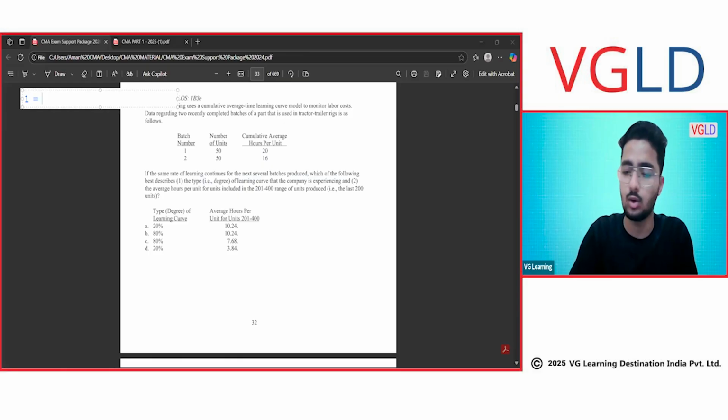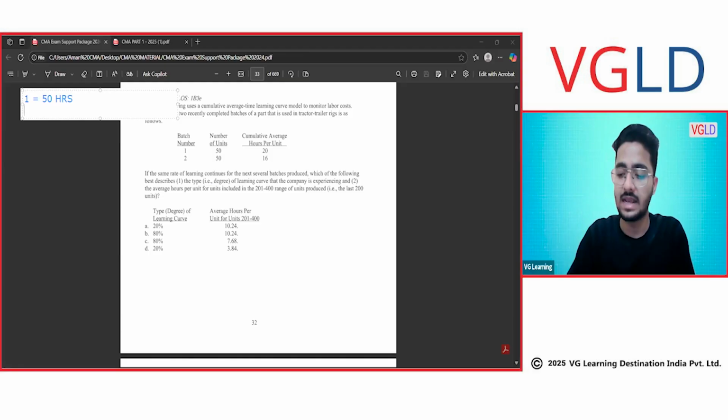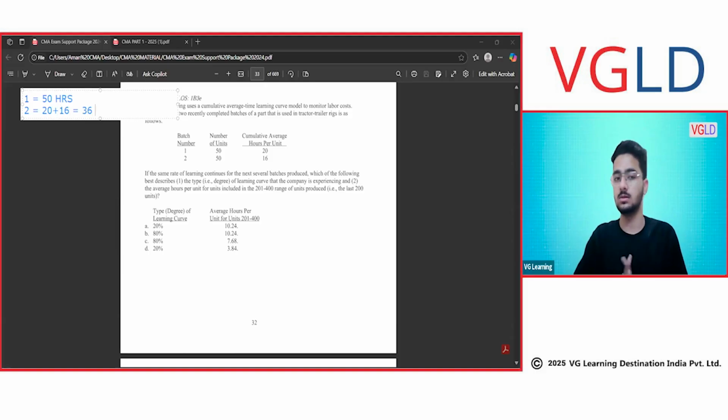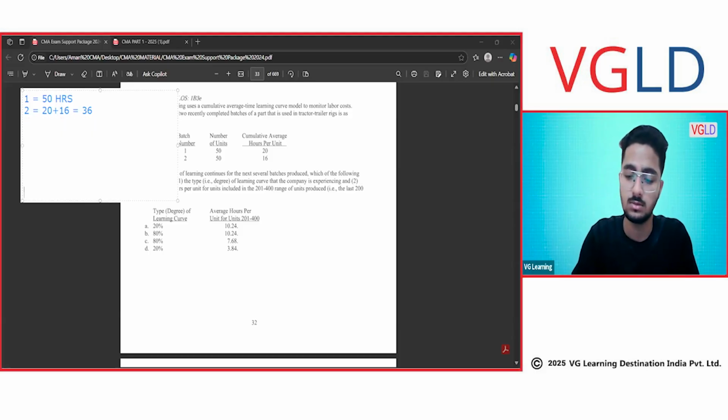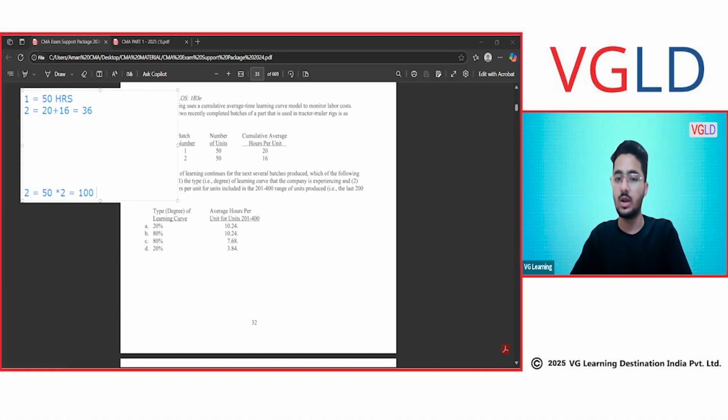First unit, I took 50 hours. Second unit, I took only 20 plus 16 is 36 hours. But actually, how much should I take for 2 units? It should be 50 multiplied by 2, 100.